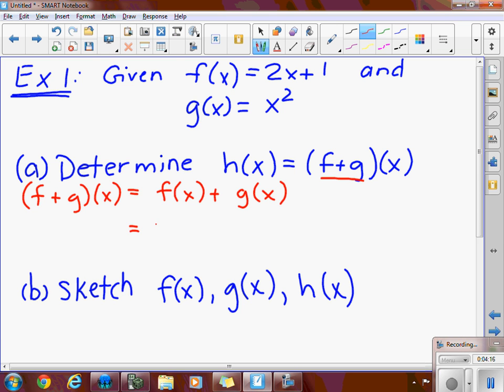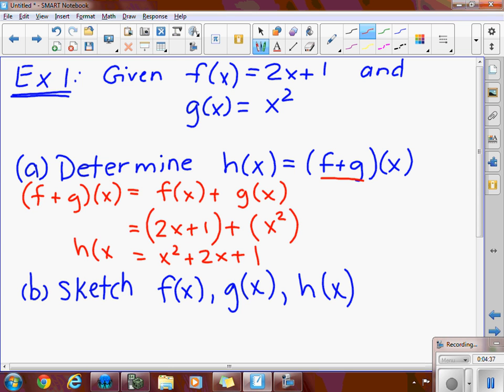F of x was 2x plus 1. So I'm taking that function, 2x plus 1, and adding it to the other function, which was x squared. Now you just have to simplify whatever's there. Since it's all addition, it's really nice. We're going to have x squared plus 2x plus 1. This is what h of x equals, those two things added up. Not hard at all. We're just adding two functions together.